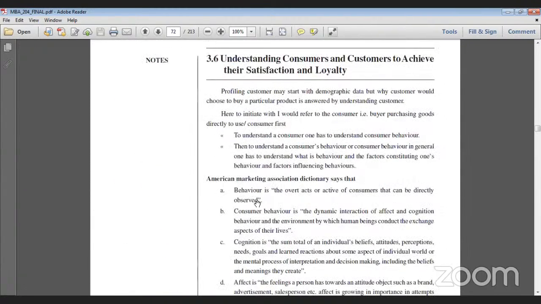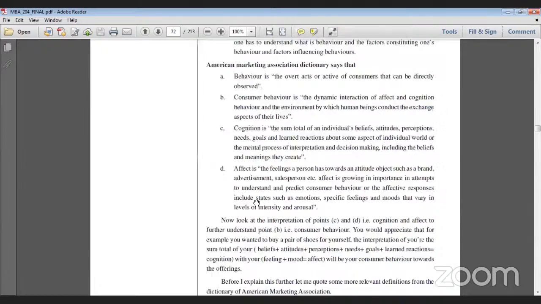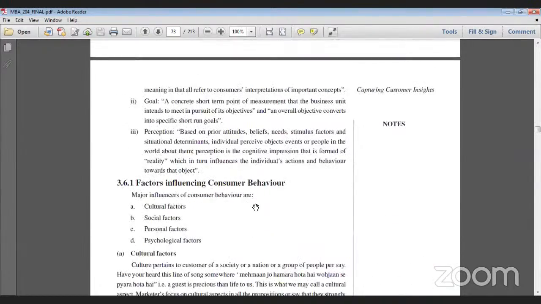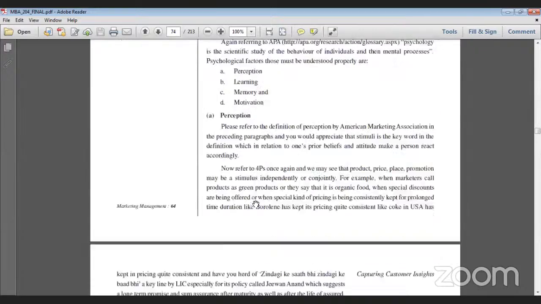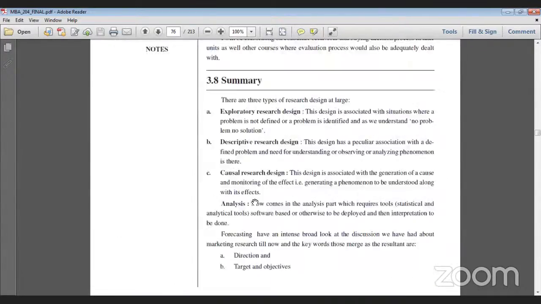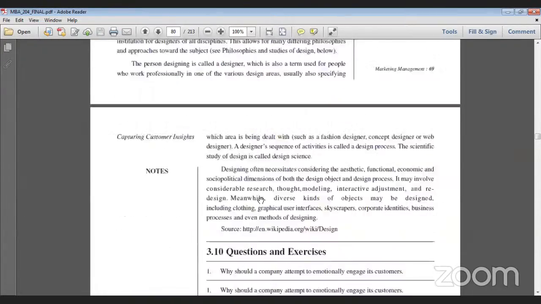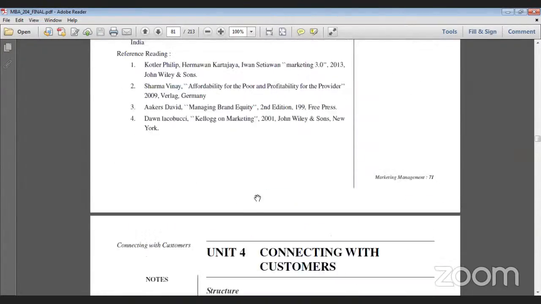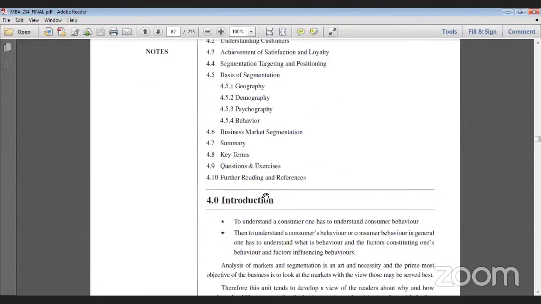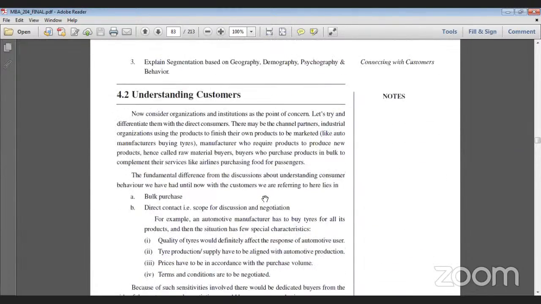Okay. Now the next point that we are going to discuss is about connecting to customers.